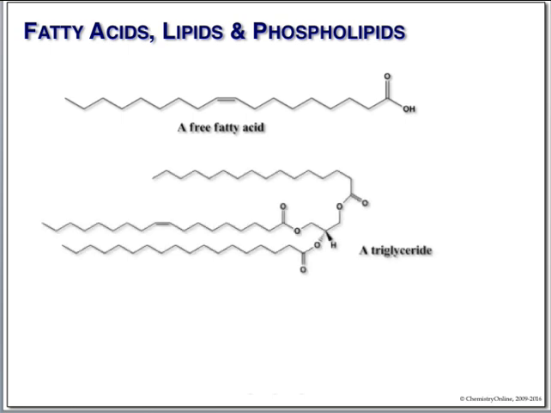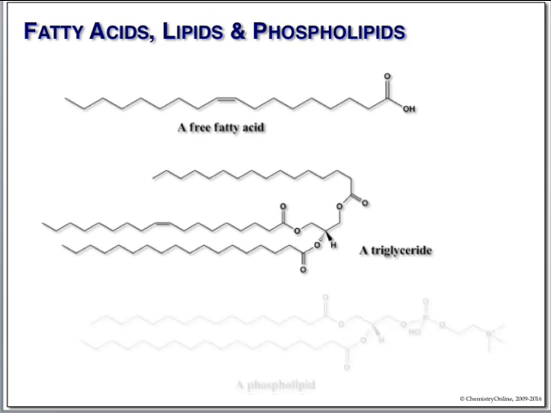If we take 3 fatty acids and hook them to a glycerol, that's an alcohol with 3 OHs, we form esters. This is saturated, unsaturated, saturated, called a glyceride, a triglyceride. Triglycerides are important. This end of the molecule is much more polar than this end.